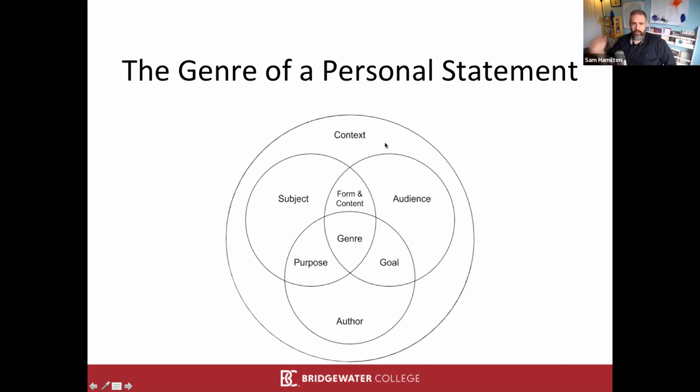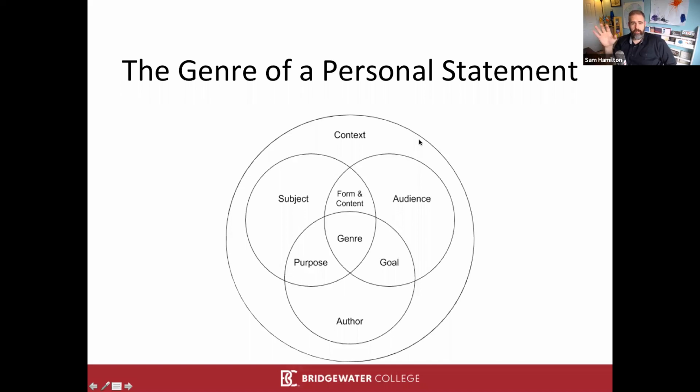I use this for any type of writing, and I'm going to use it specifically for talking about how to write a personal statement or a cover letter. It's a process diagram that I use to go through all of the different aspects you should be paying attention to whenever you sit down to write something, in this case a personal statement or a cover letter.